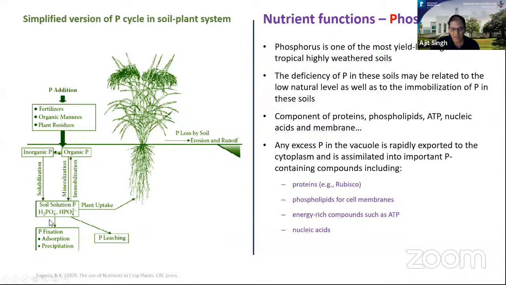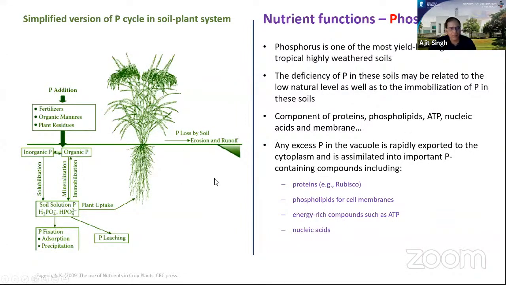Plants do not store these anions. They are converted into phospholipids, ATP, and nucleic acid, which is more stable. Some little concentration does exist in the vacuoles, but normally almost all of it is assimilated, just like nitrogen.